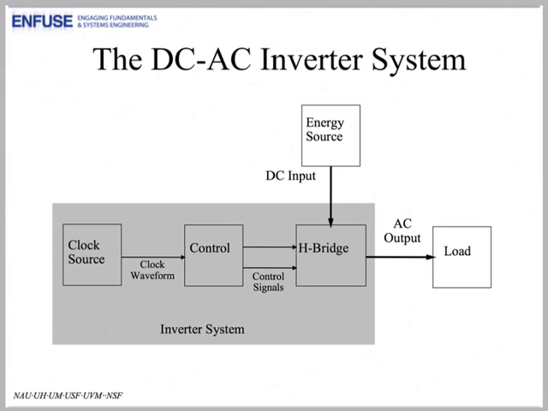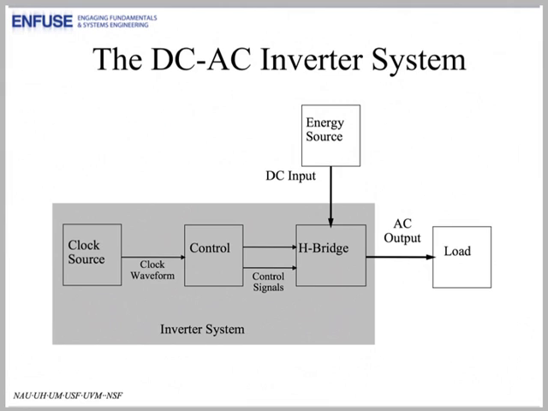Now, in our particular system that we're talking about here, which is a DC to AC inverter, we have taken this system and divided it into three subsystems. A clock source, here, a control subsystem, and an H-bridge. Now the clock source provides a clock waveform to the control system, that's here, and then the control system provides control signals to what's called the H-bridge.